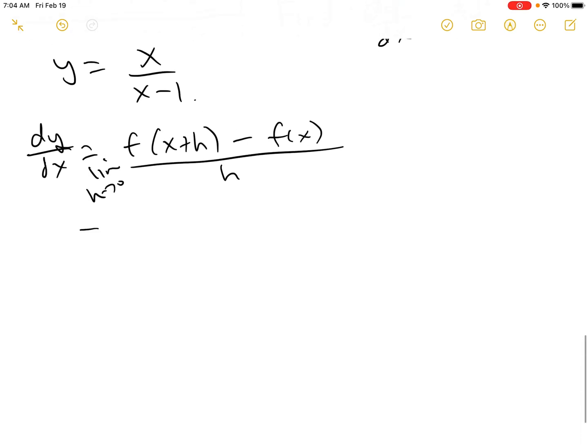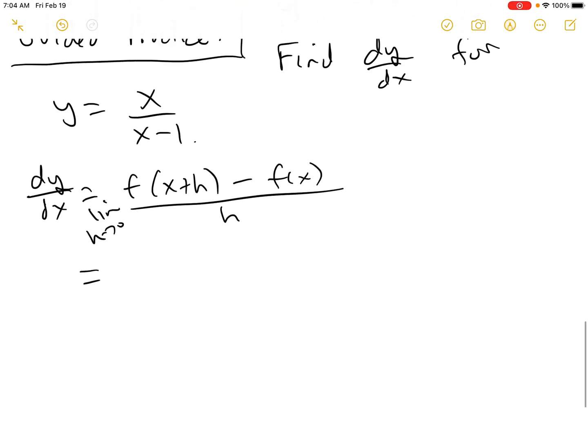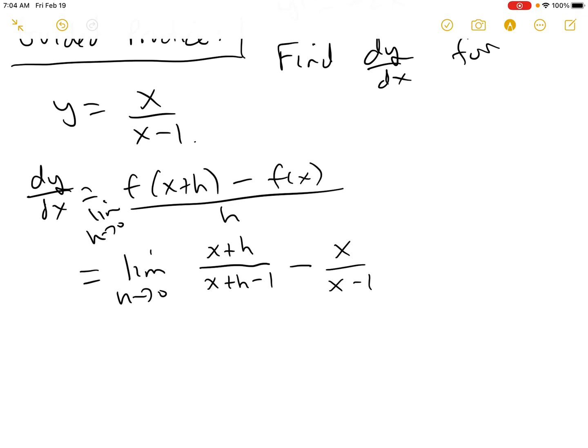And here we go. f of x plus h, let me get my limit in there, is x plus h over x plus h minus 1, minus x over x minus 1. Now whenever I have these fraction ones, there's always the fraction within the fraction.